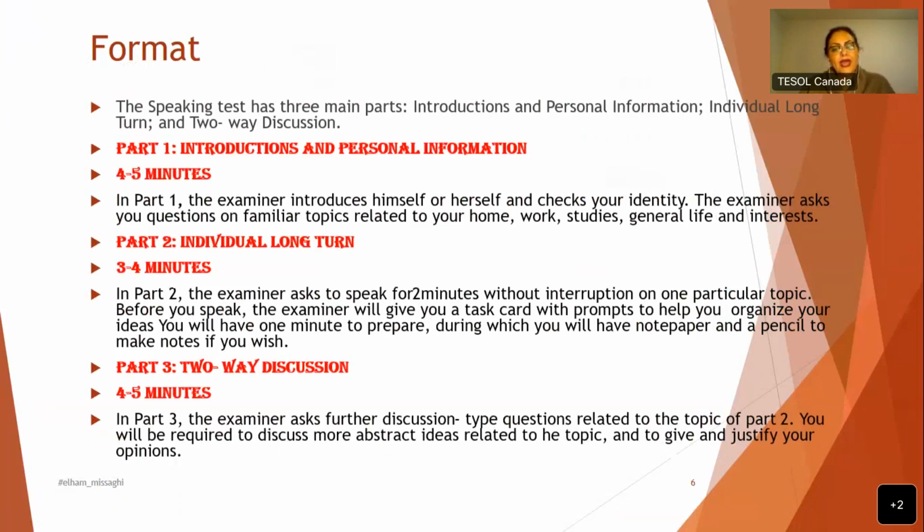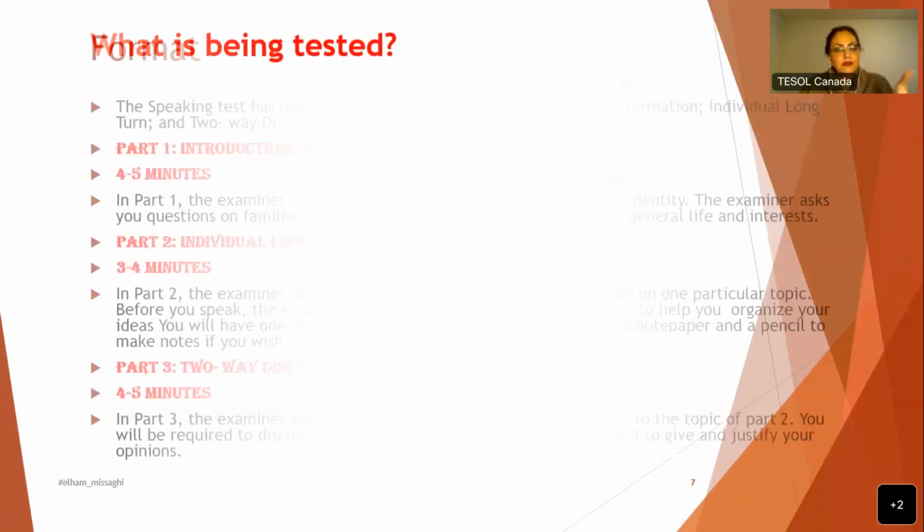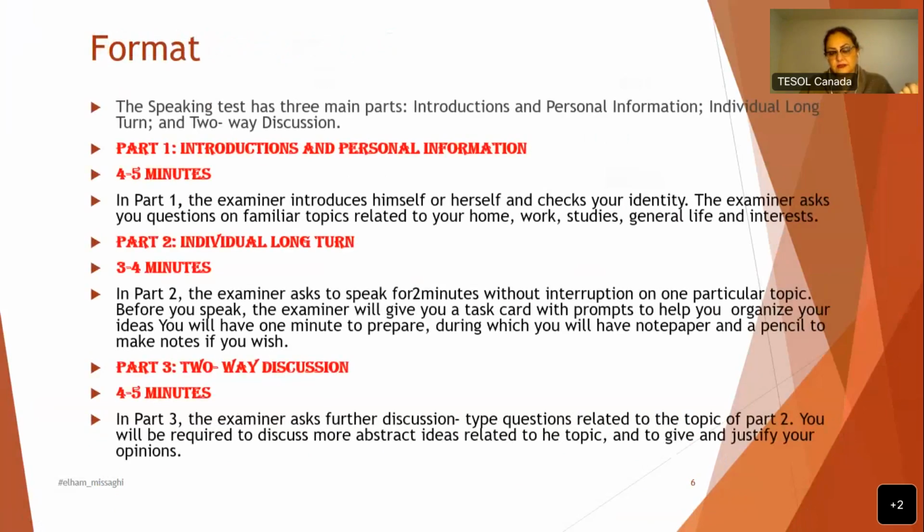So there are more abstract ideas, and you have to justify your opinion. It's good to give them examples and reasons. For each question, you usually have 2 to 3 minutes to talk, or I can say at least 8 sentences. 7 to 8 sentences usually.